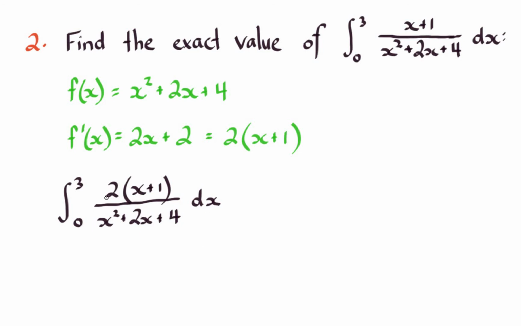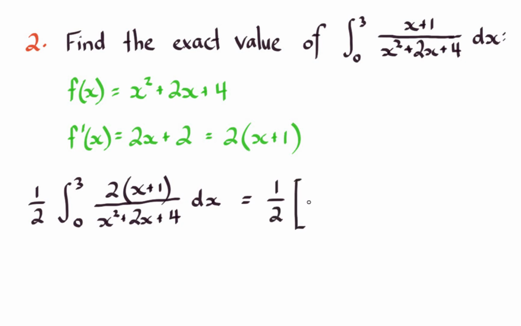So if we multiply by 2, we are also going to multiply by a half, and we'll have that half out the front of the integral. So what we've just written is actually the same as our original question, but we now have it in the form of f dash x on the top and f x on the bottom, which means we can use the rule that we wrote previously.